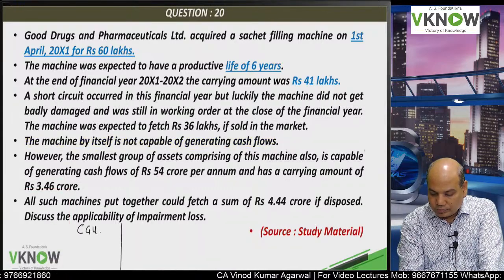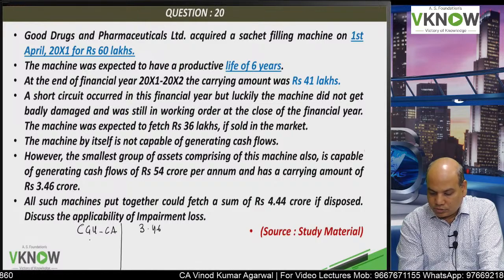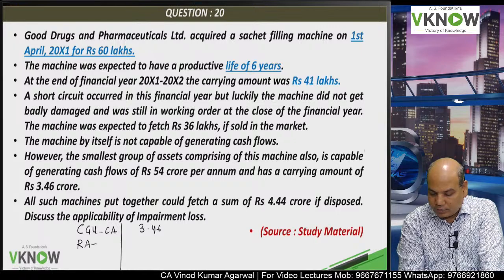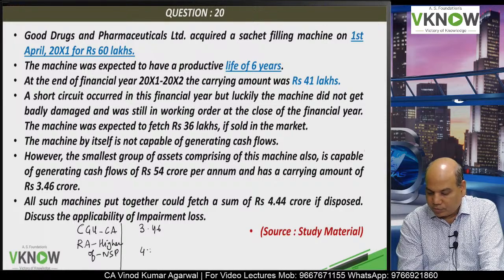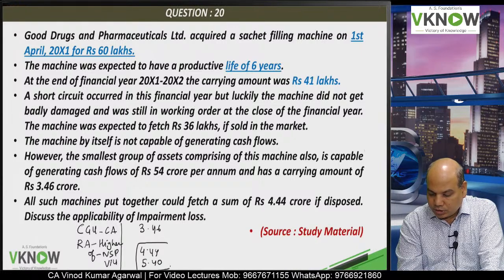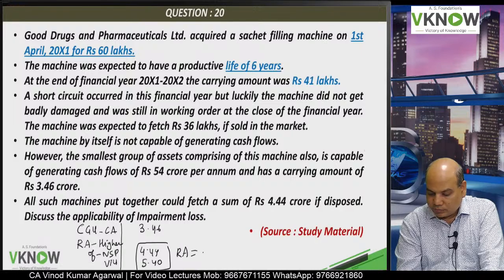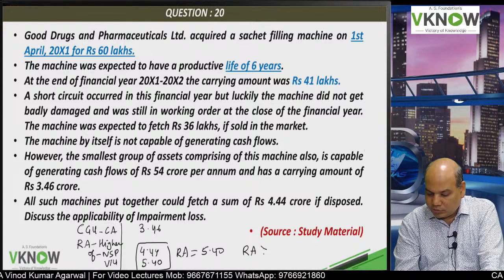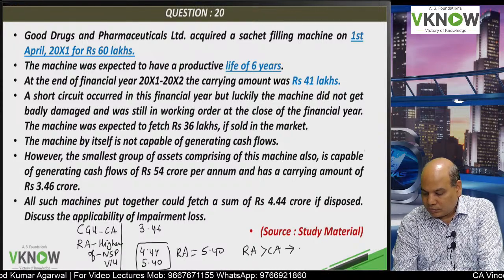CGU carrying amount 3.46 crore. Recoverable amount higher of net selling price 4.44, value in use 5.40. Therefore, recoverable amount 5.40. Recoverable amount is more than CA. No impairment.